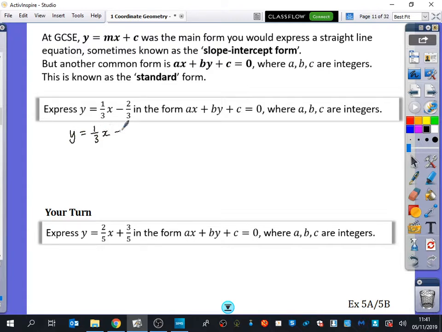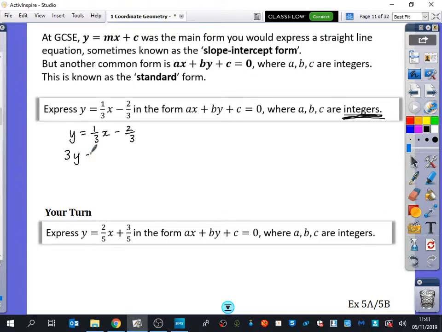Clearly the gradient is 1/3, and the y-intercept is -2/3. But I want to be able to get it in a form where all of the coefficients are integers, whole numbers, okay? So what do you want me to do? I want to multiply every single term by 3.